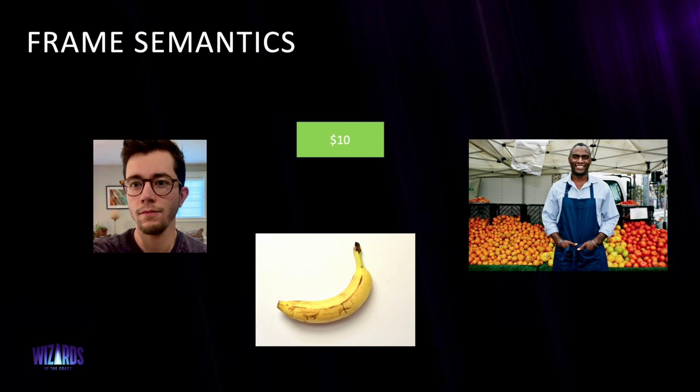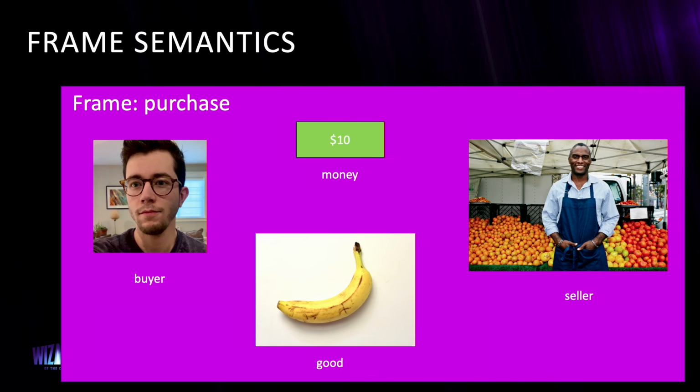We can consider this whole scenario a semantic frame, and the frame is the purchase frame. So this is kind of the abstract idea of a commercial transaction. And the frame has semantic roles or slots in it that different participants in this scenario consistently play.